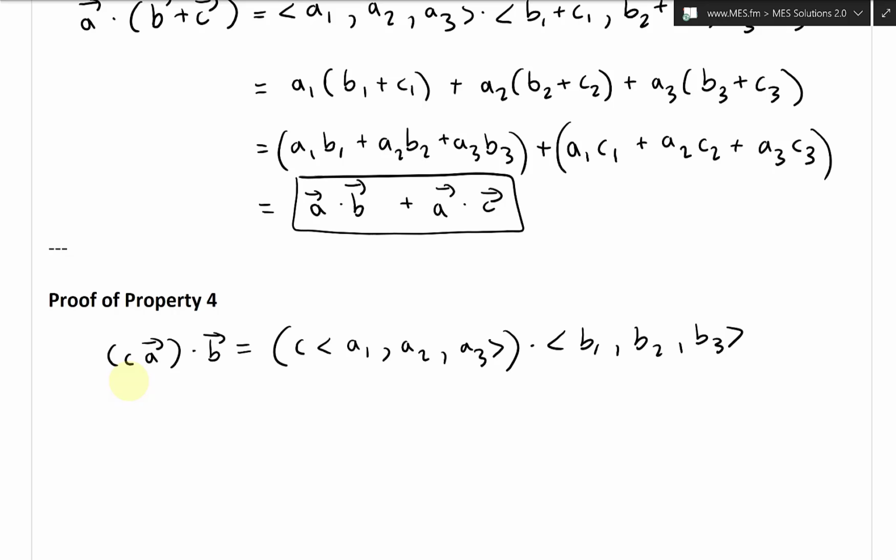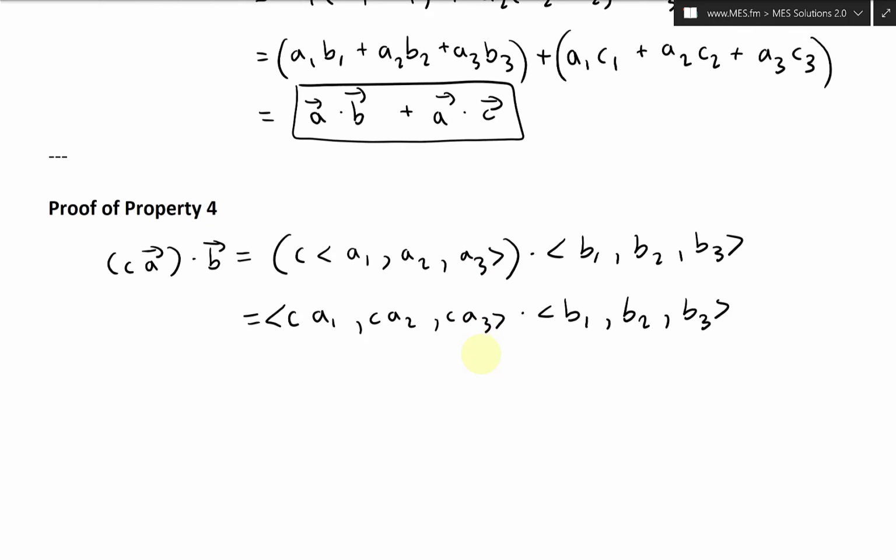Now this scalar we can multiply inside, as we showed in my earlier video: cA1, cA2, cA3, then dot B1, B2, B3.